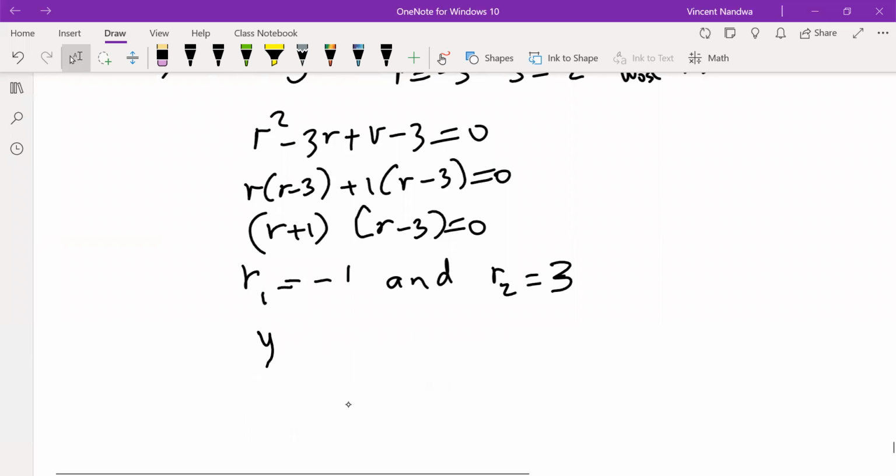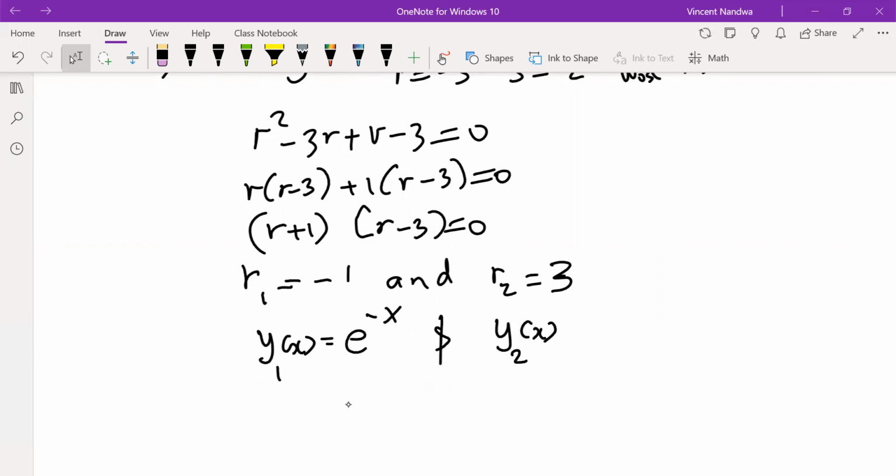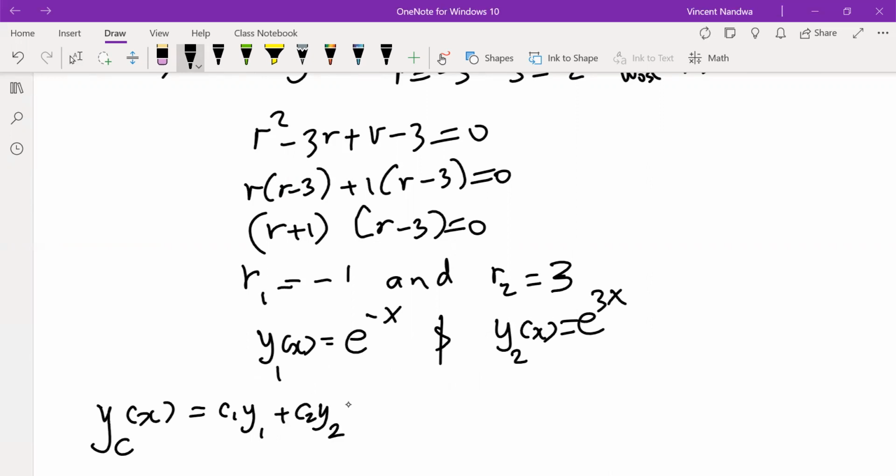Which means y1 of x is e raised power minus x and y2 of x is e raised power 3x. Now the complementary solution is a linear combination of y1 and y2, which will be c1 e raised power minus x plus c2 e raised power 3x.